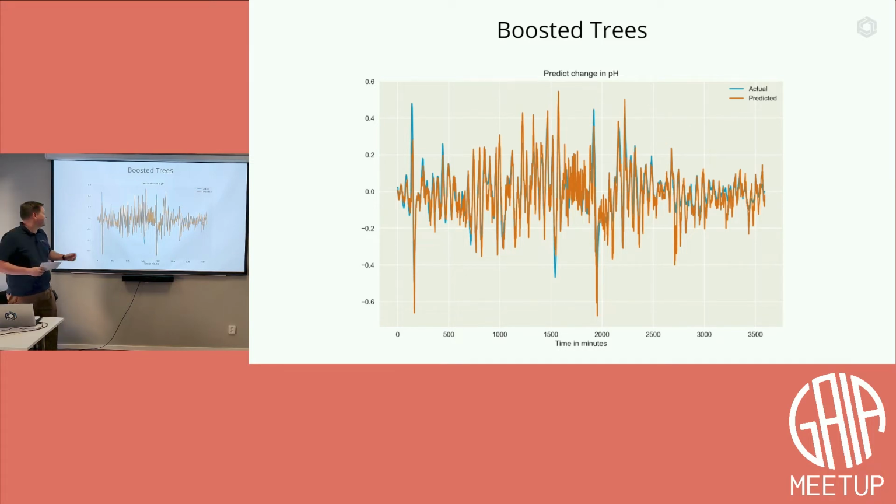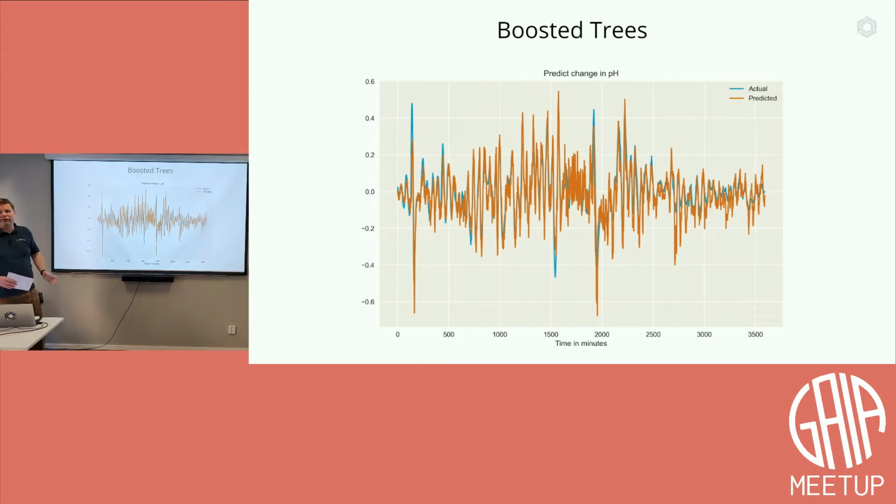Here, as you can see, we've changed to predicting the change in pH instead, so it varies around 0. This is a small test data set, but it looks pretty good, no? We capture most of the dynamics.